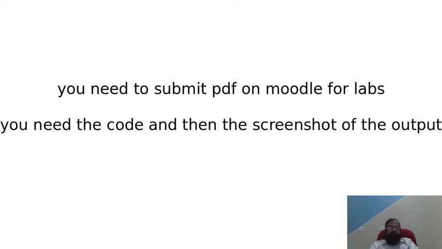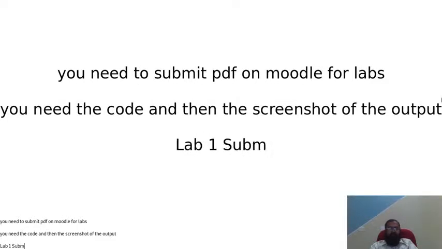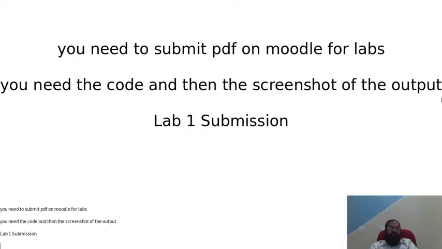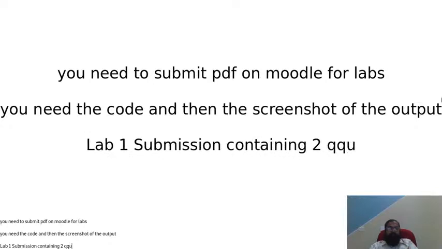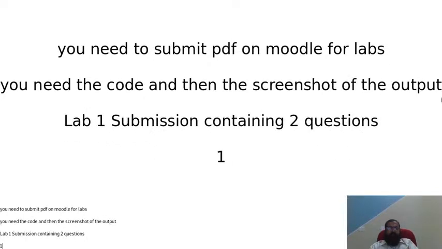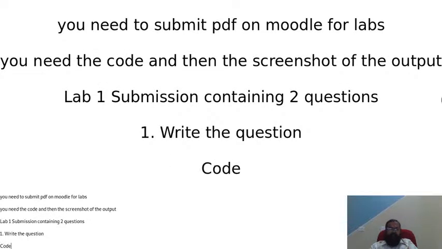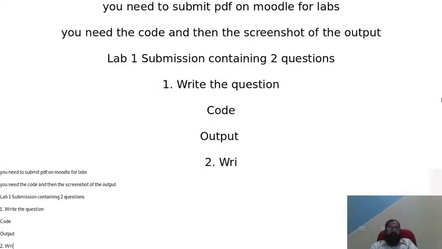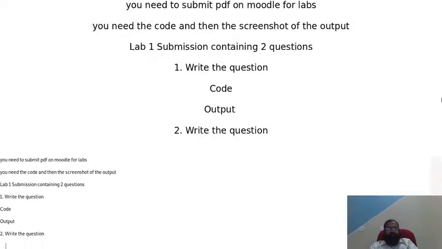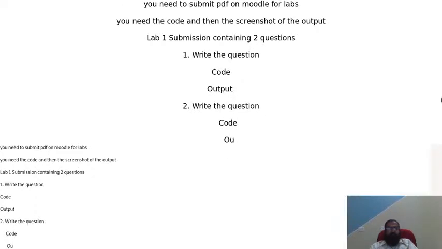Let's say this contains 2 questions. Okay, so you will first write the question here, then you will give the code, then you will give the screen output, which will be the screenshots, and then you will finally go and write the second question, code, output.